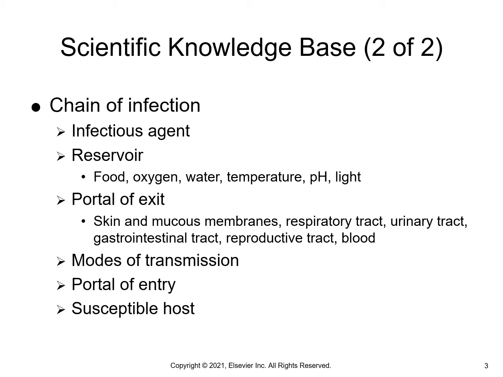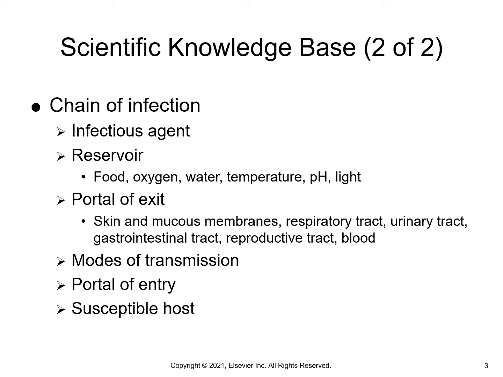Also, you need to think of what temperature they need, how do they survive? Are they aerobic? Are they anaerobic? Look at table 28.1 in your book, and box 28.1. So you'll see those common infectious agents. Look also at figure 28.1.